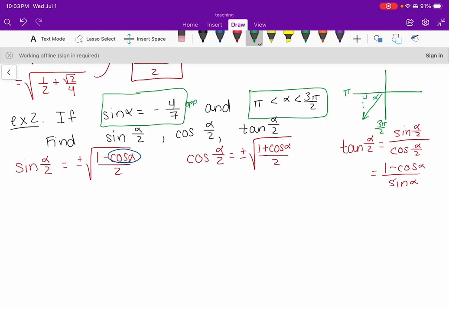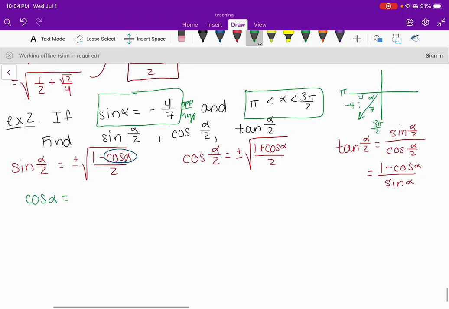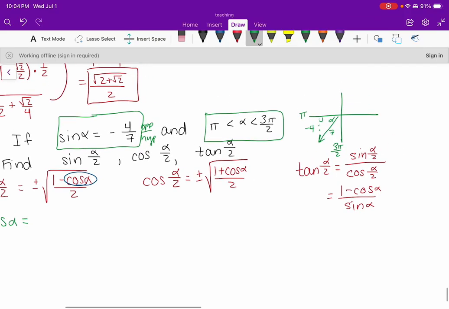Sine is opposite over hypotenuse, so my opposite side is going to be negative 4. My hypotenuse is 7. If I'm looking for cosine of alpha, then I need the adjacent side, which I don't currently have, but we can get it by using the Pythagorean theorem.